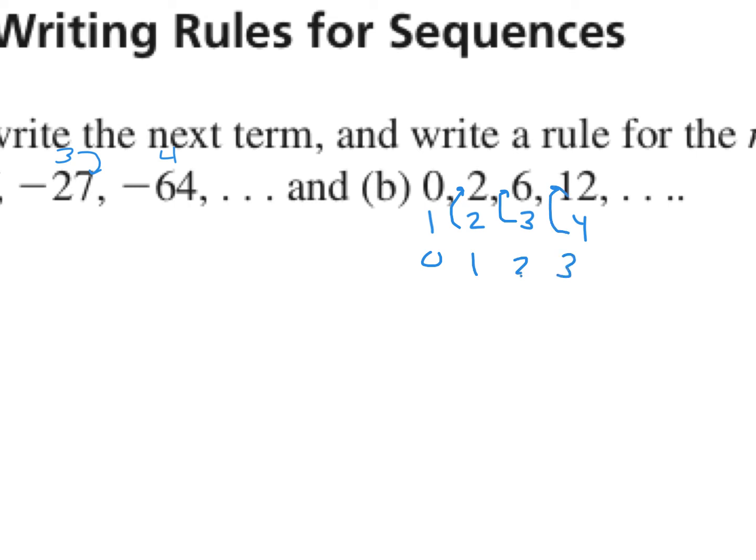So we're multiplying our term, so n is our term, and we're multiplying that by 1 less than our term. So we're taking n, we're multiplying it by something that is 1 less than n. So how would we write 1 less than n?